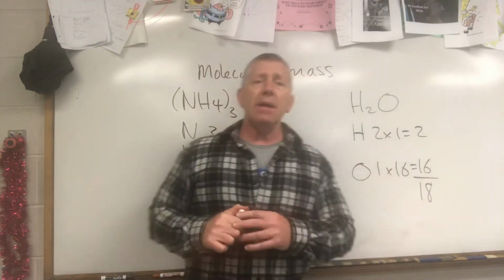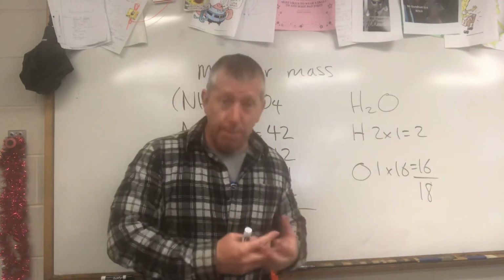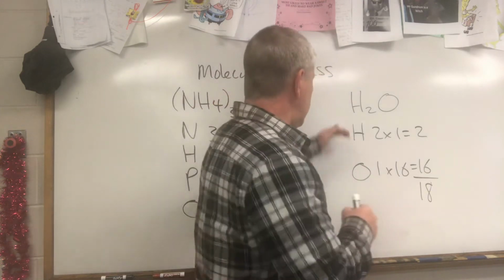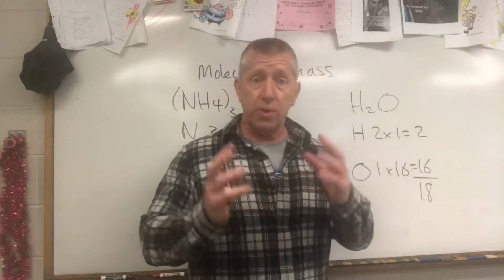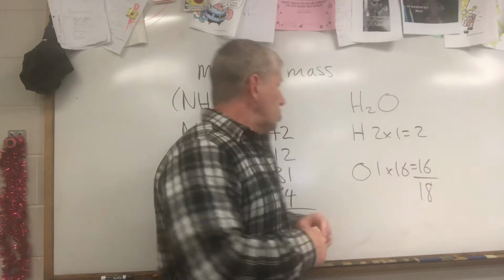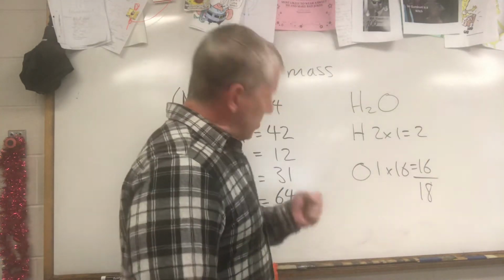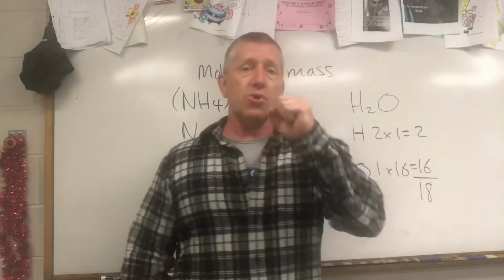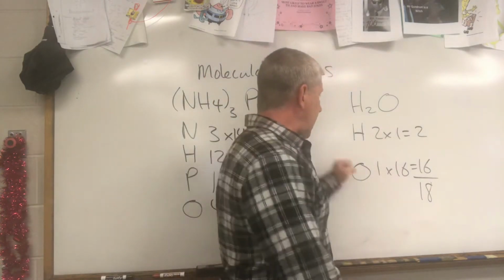Percent composition is the percentage by mass of each element in the compound. If we have 2 elements in the compound, we know percent should equal 100. So there is a certain percent of the mass that's due to the hydrogen and a certain percent of the overall mass that's due to the oxygen.